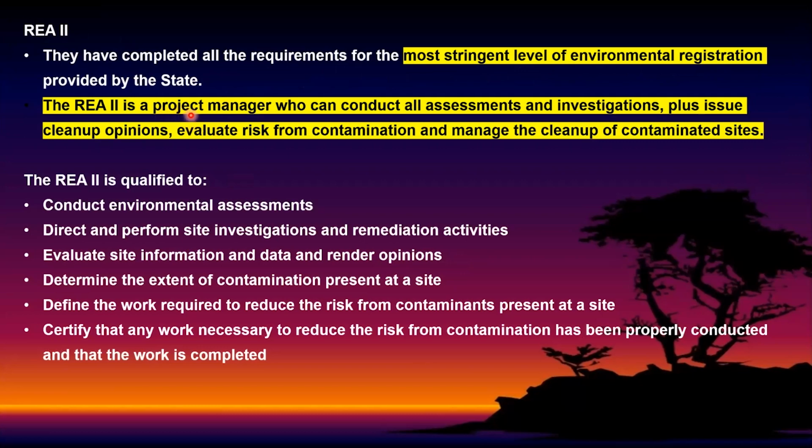The REA2 is a project manager who can conduct all assessments and investigations, plus issue cleanup opinions, evaluate risk from contamination, and manage the cleanup of contaminated sites. Yes, I'm proud to be an environmental professional.